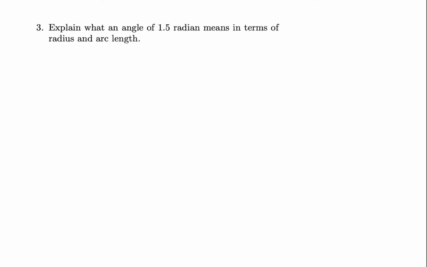Explain what an angle of 1.5 radians means in terms of radius and arc length. Again, please pause the video and try on your own first. So 1.5 radians means that the arc length is 1.5 times as large as the radius length.